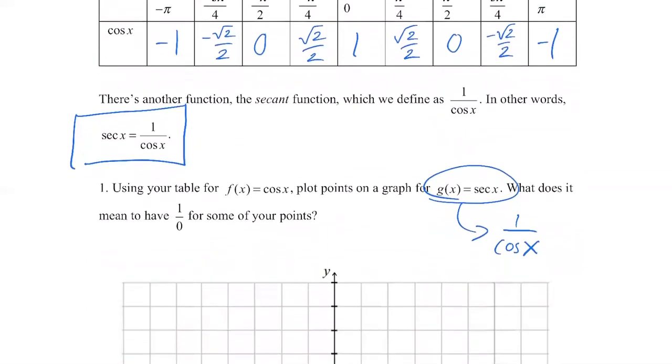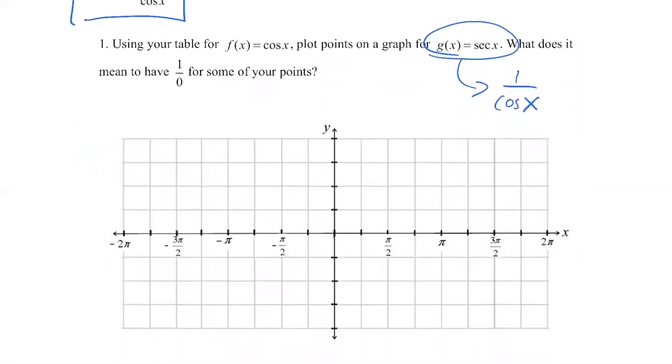Okay. Now, when we are at 0, we said that the cosine is 1. 1 over 1 is still 1. So let's call this 1. Let's call this negative 1. Those will be an easier scale to work with.